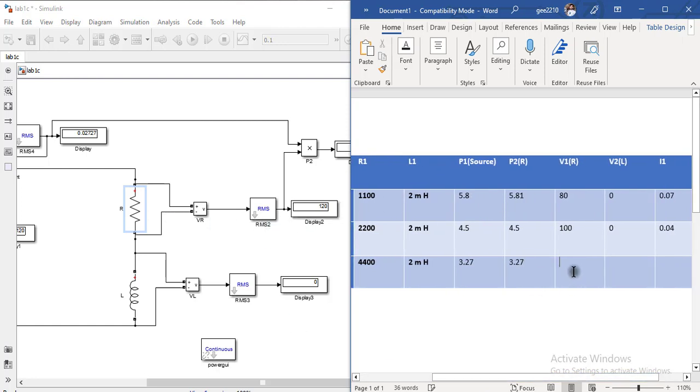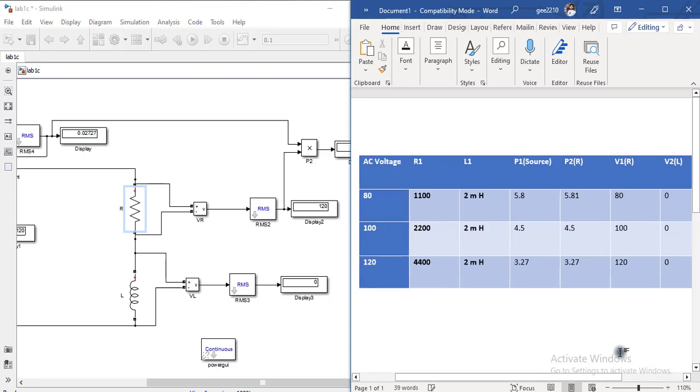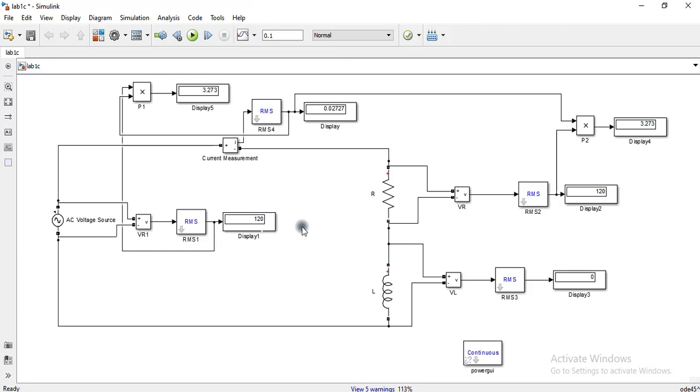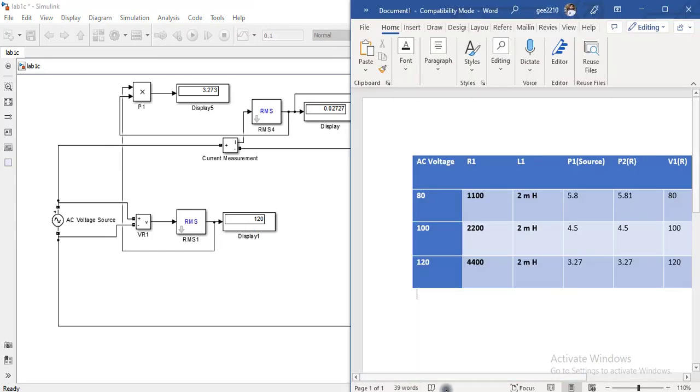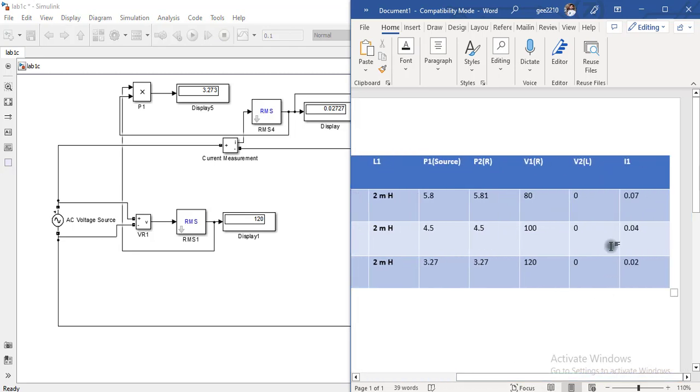It is 120. What is the voltage across the inductor? Again 0, and the current is 0.02. Now there is one question: why am I getting inductor voltage equal to 0 in all the three cases?